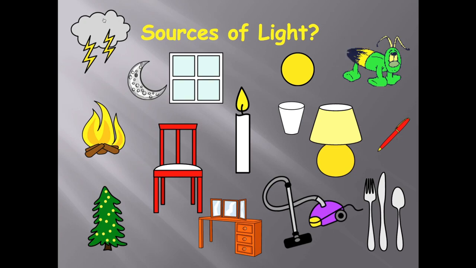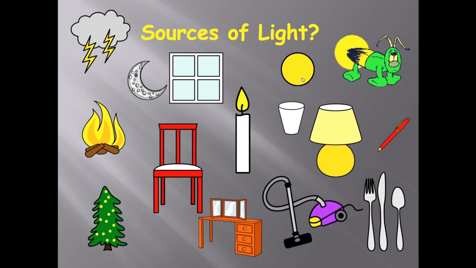We've got the cloud and we've got the lightning. Here we've got the moon, here we have a window, and the window has glass in it which allows light through it, so that would be a transparent object, whereas you have the window frame which does not let light travel through it, so that's an opaque object.